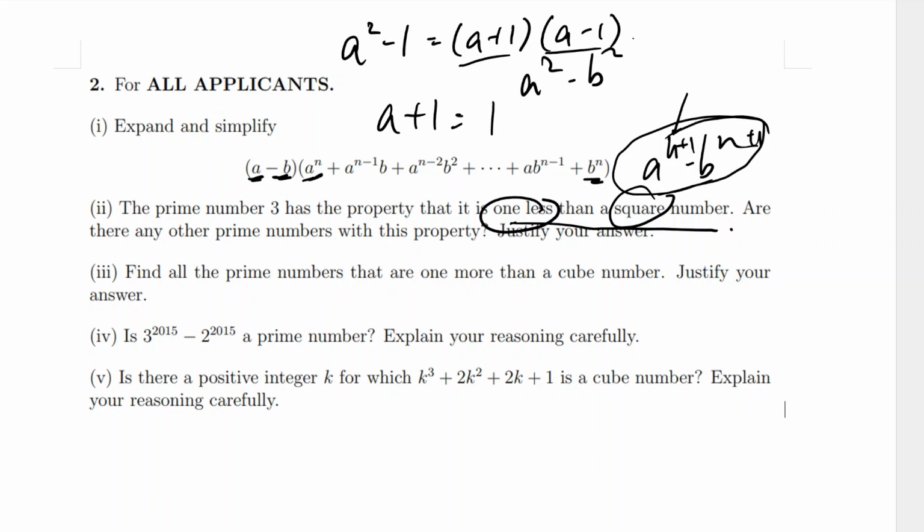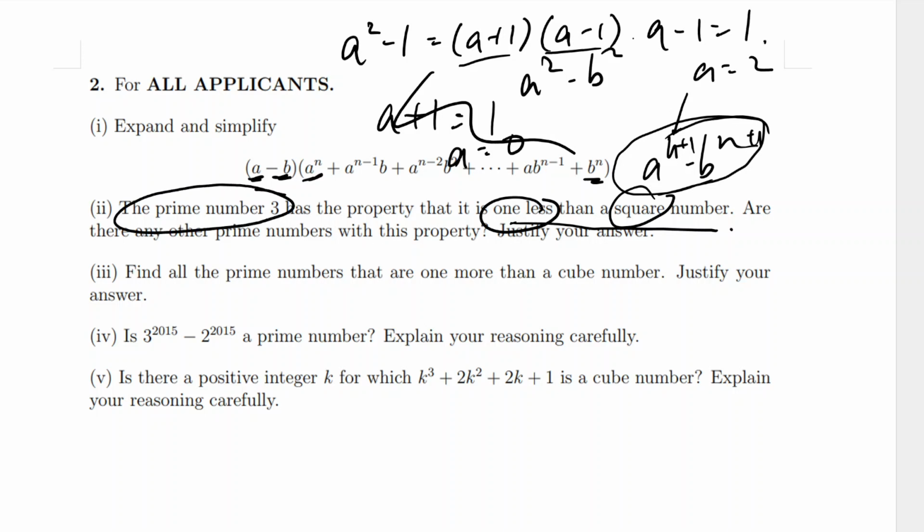Well, then if this equals 1, you're saying that a equals 0, which makes no sense. Well, if a minus 1 equals 1, then a equals 2, which gives the prime number 3. So that means that there are no other prime numbers with that property in the question.